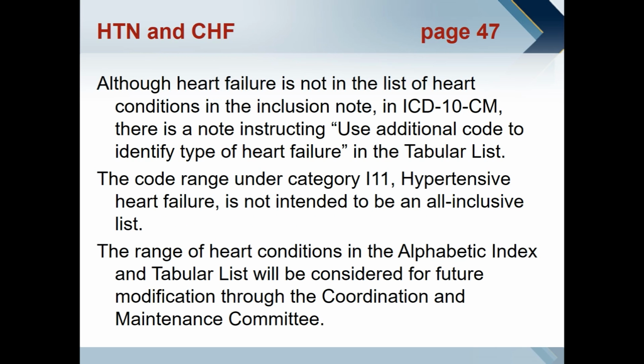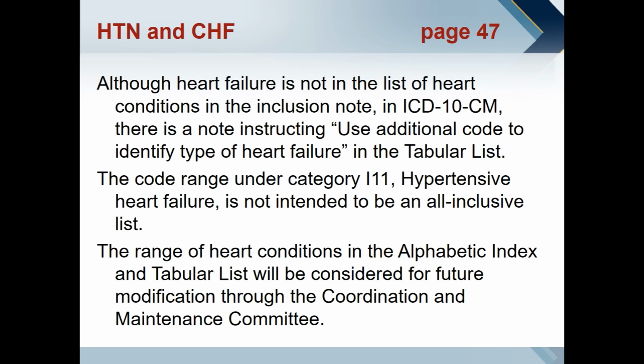Coding Clinic goes on to address some of the confusion by telling us that although heart failure is not in the list of heart conditions in the inclusion note, there is a note instructing use additional code to identify the type of heart failure in the tabular list.